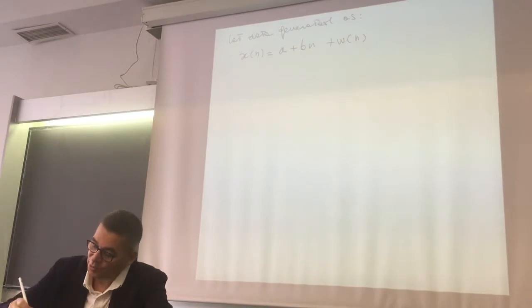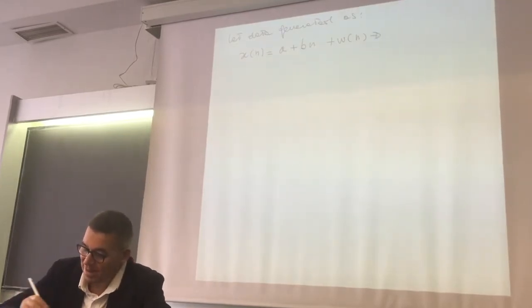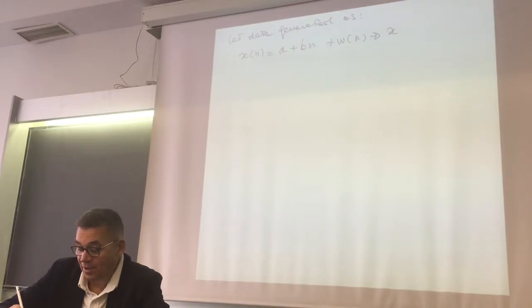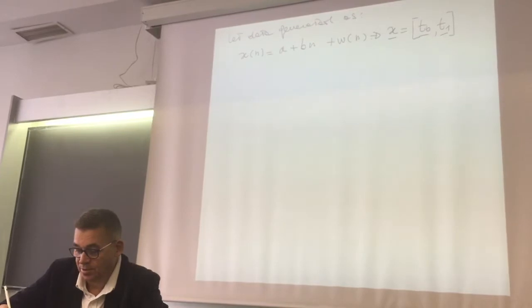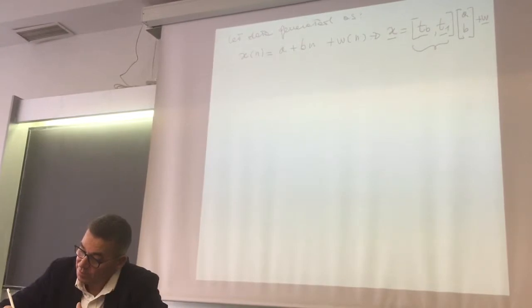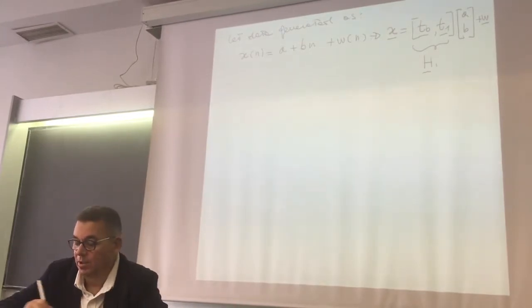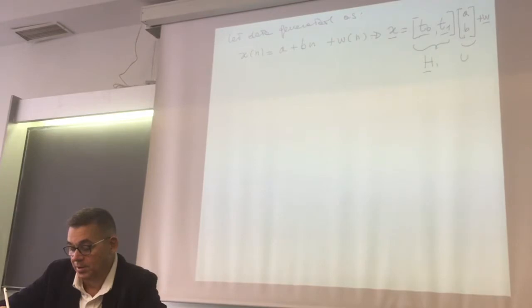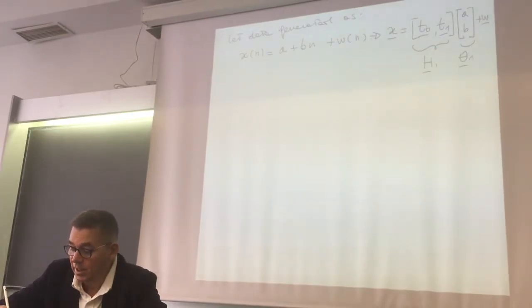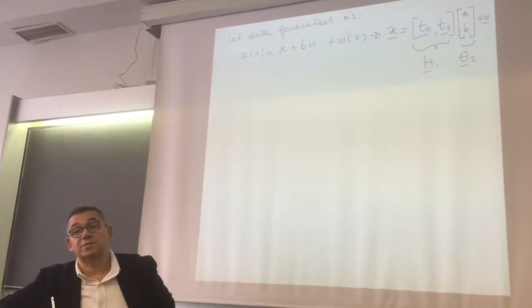In matrix form, the vector x is equal to the matrix with columns of 1 and the time samples t0, t1, and so on, multiplied by the parameters a and b, plus w. Let me call this model H1, and these are the parameters. This model contains the linear term, which I indicate as 1.